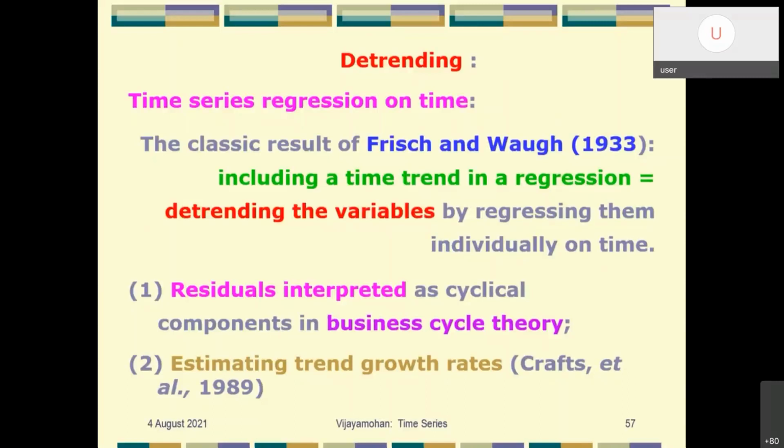That is, we have to remove the inflationary effects from both consumption and income series. Then those deflated series we have to use in regression. That means before doing the regression, we have to deflate the series. That is the prior need. We have to deflate them, then we do the regression.